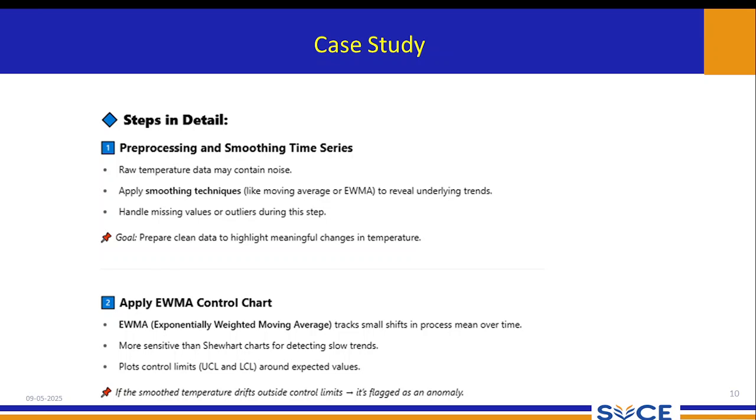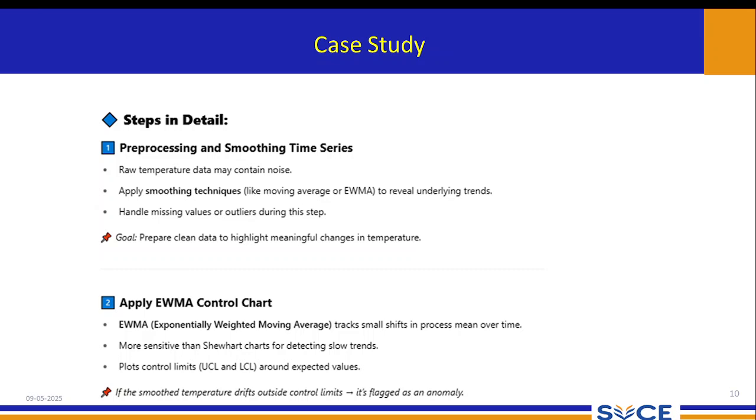Apply smoothing techniques like moving average or exponentially weighted moving average. EWMA means exponentially weighted moving average, to reveal the underlying trends, and handle missing values or outliers during this step.